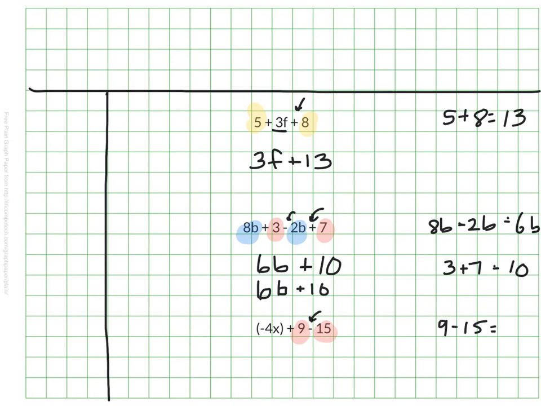And so I have to think back to my work with integers, right? 9 minus 15 is going to be a negative 6. And since there's only one term with x, we can keep it as is. So we'd end up with negative 4x just as it was before, plus negative 6. And I'm just putting these in parentheses to keep them organized.